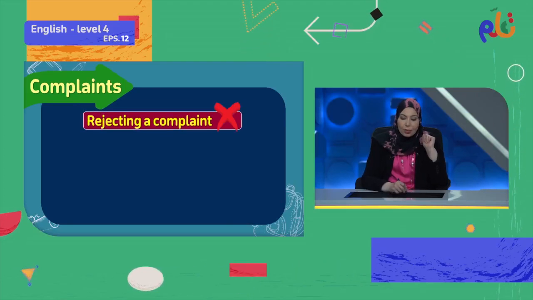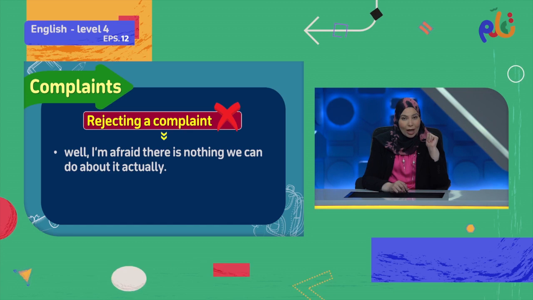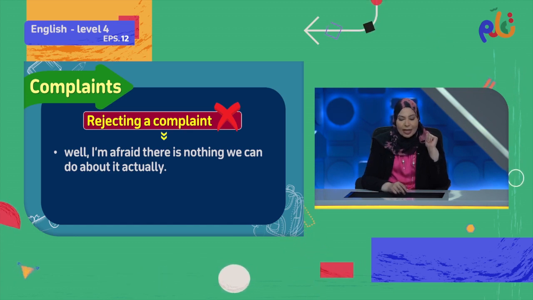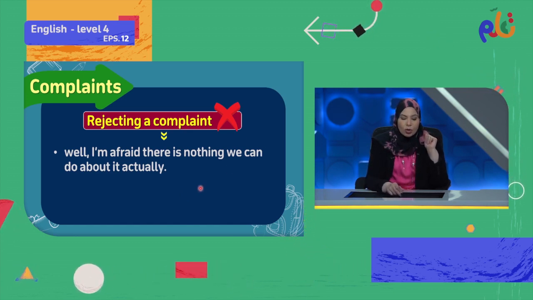In all these cases, my complaint is accepted and they will do something about it. And on the other hand, we have something that is not valid, and what I say is not acceptable. In this case, they will tell me, well, I'm afraid there is nothing we can do about it.